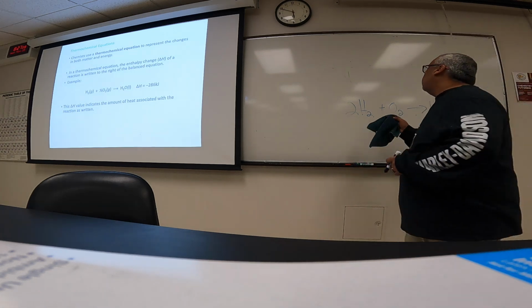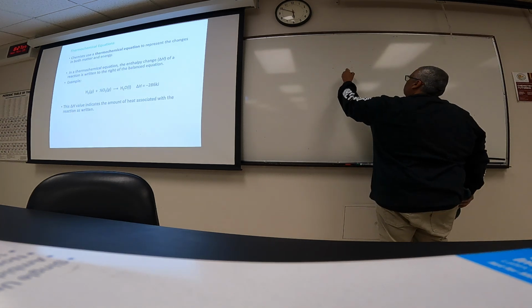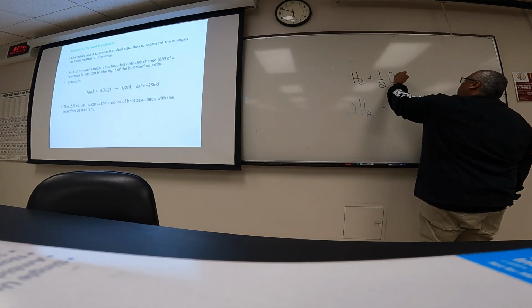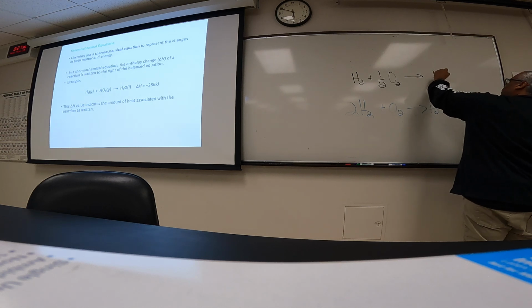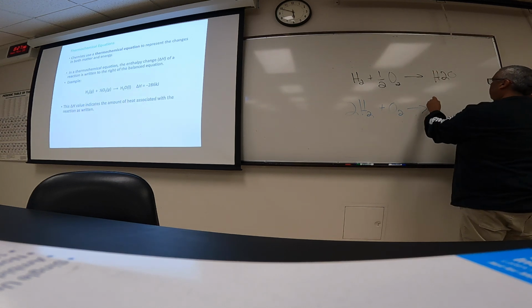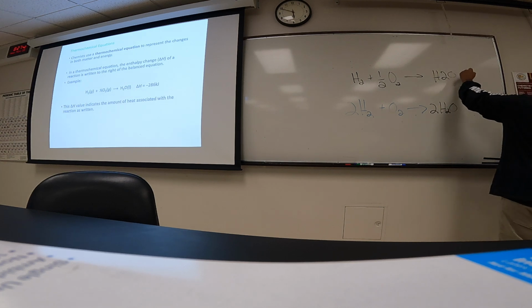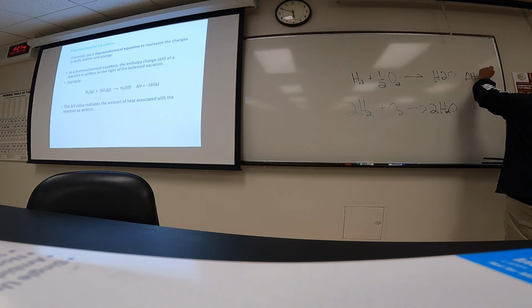So I'm going to write this here: we have H2 plus 1/2 of O2, and we're going to get H2O. Our change in enthalpy here is equal to negative 286 kilojoules.